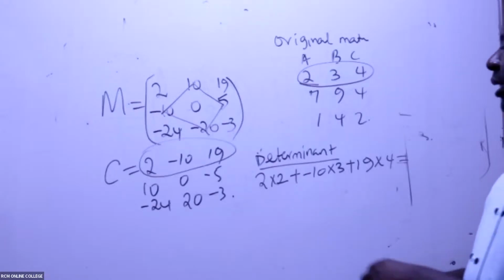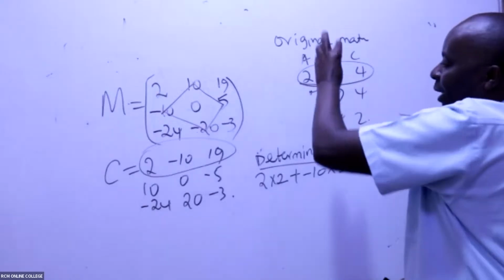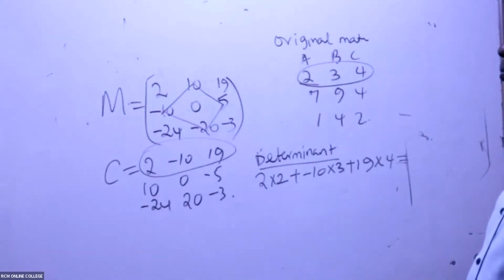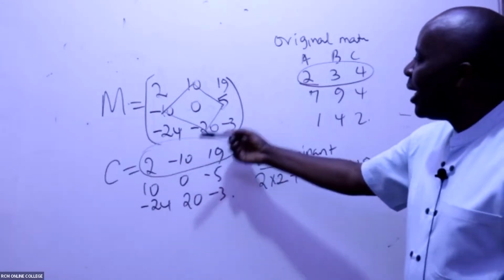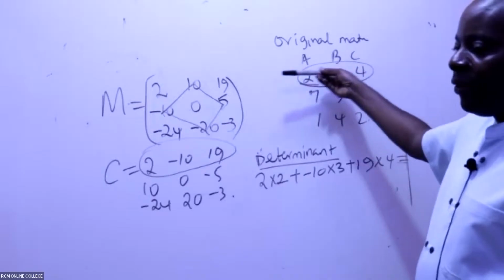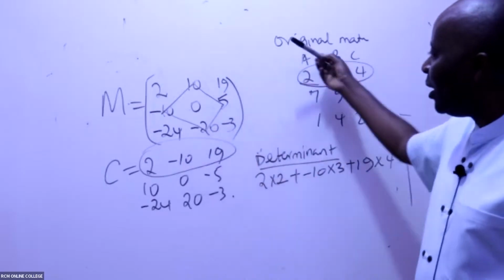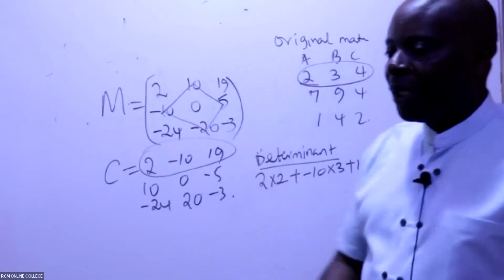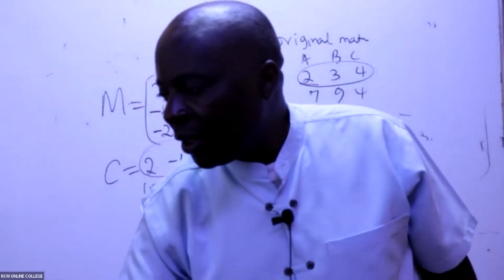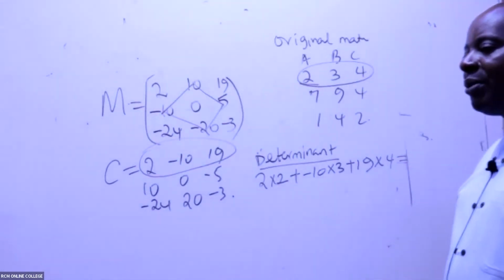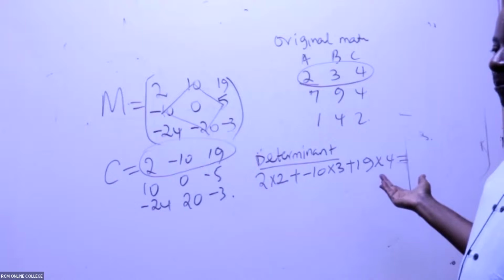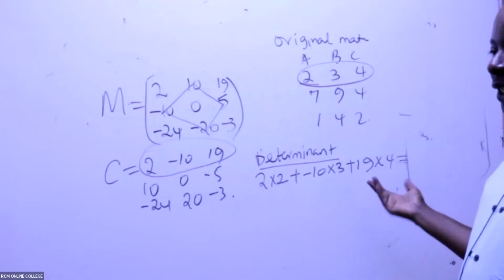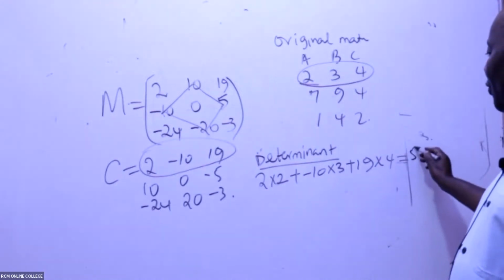So for the determinant, you take row 1 and row 1 here. For the cofactors, you take this and this, and then you consolidate and combine the numbers. So is there somebody who is able to confirm 50? That 50 we got there.